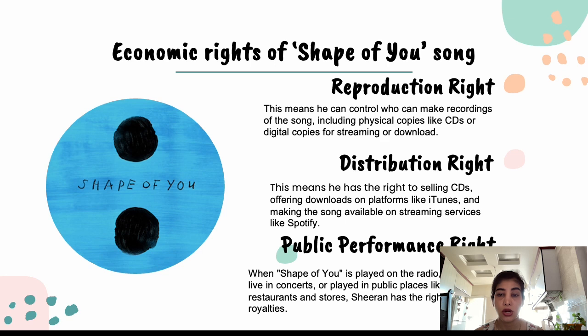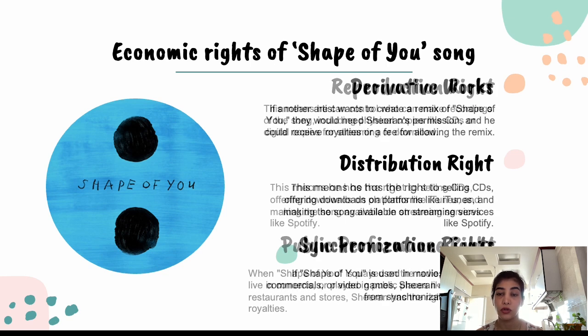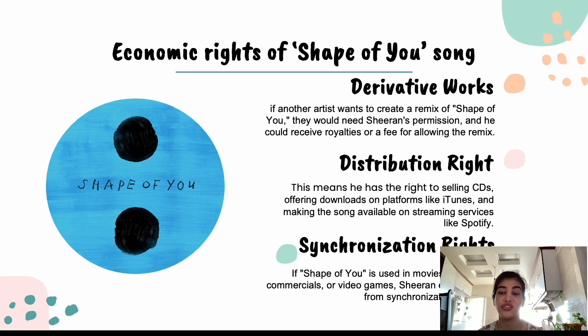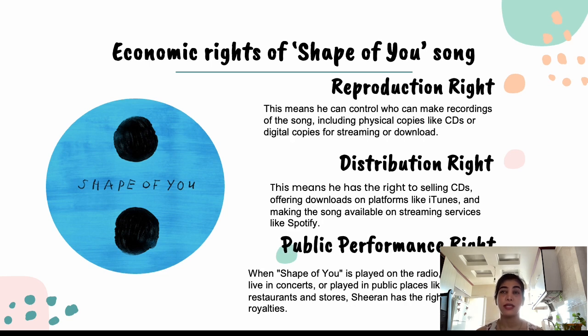Distribution rights are the rights that give Ed Sheeran control to distribute the work. For example, put it on iTunes, Spotify, making CDs and selling CDs, etc. Public performance right.